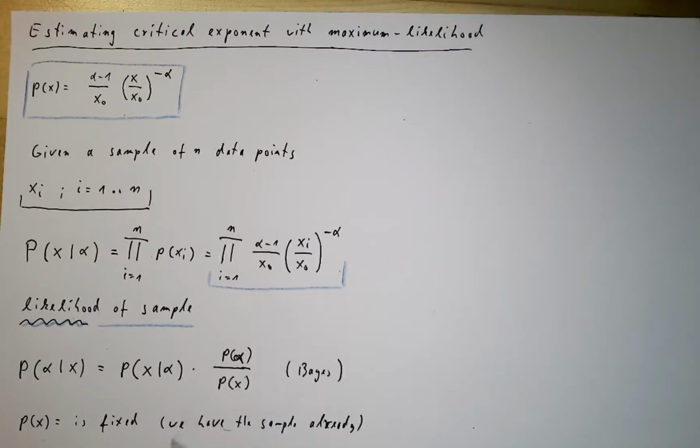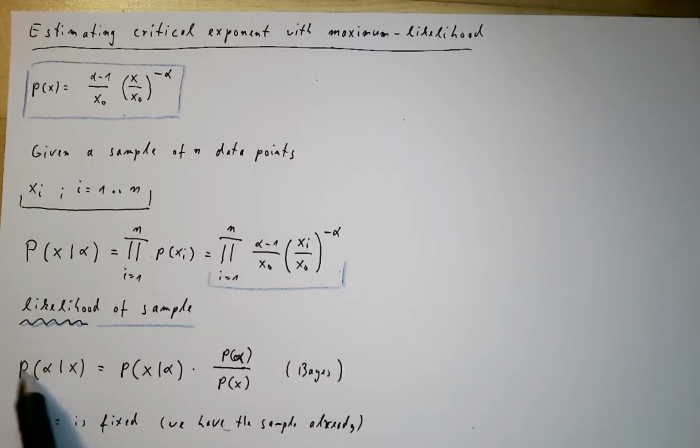So basically, let's look at the strategy. We want now to find this alpha which maximizes this conditional probability. And the alpha which has the highest likelihood, then we say that's the alpha we will estimate. And so we need to maximize this function.